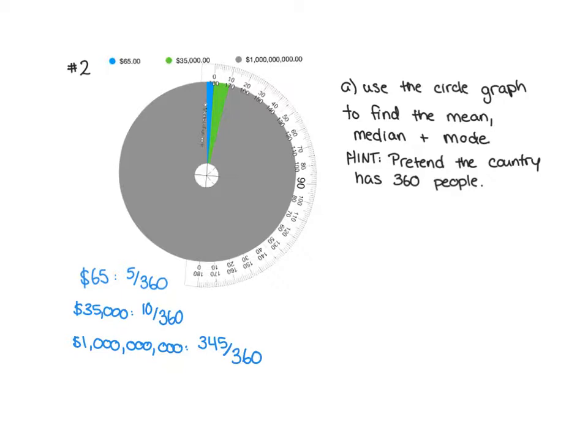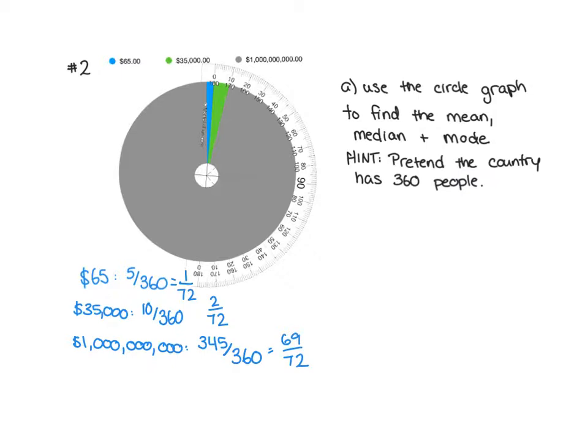So 5 divided by 5 is 1, and 360 divided by 5 is 72. 10 divided by 5 is going to be 2 out of 72. And then this one should be 69 out of 72.